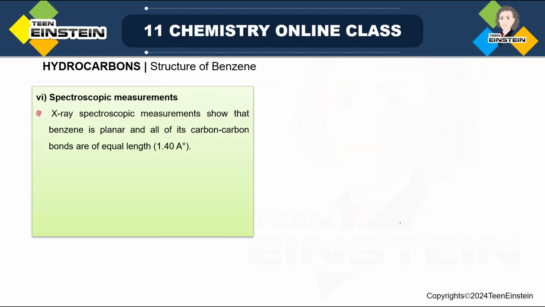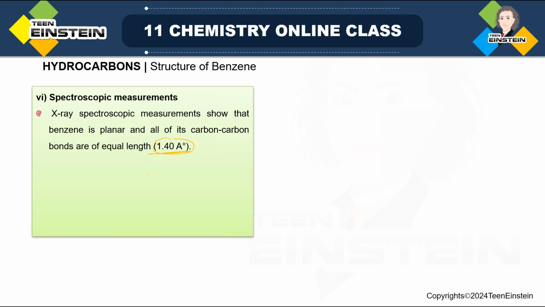Fine. The next observation is spectroscopic measurement, and it will be very clear from the C-C bond lengths. It is observed from X-ray spectroscopic measurement that the benzene ring is planar in nature, and that is expected because all the carbons are sp2 hybridized, and all the C-C bonds are of equal length.